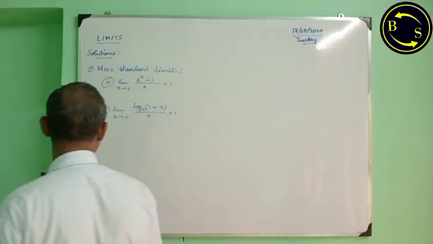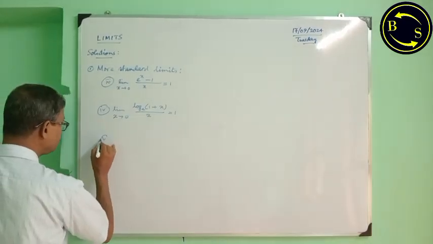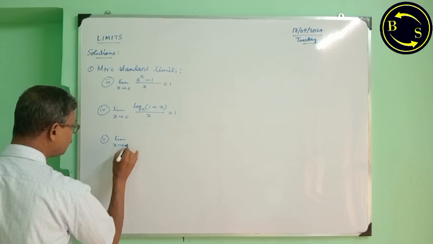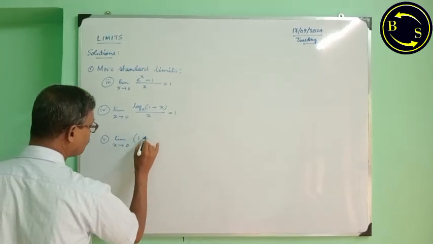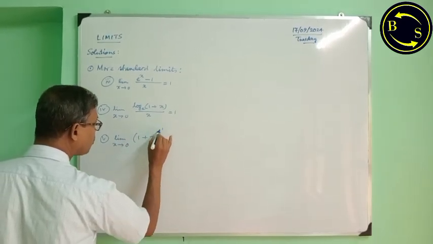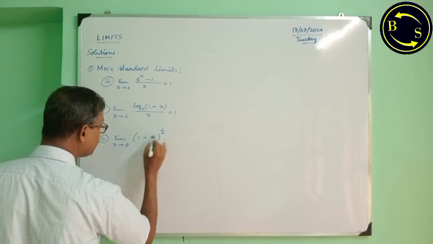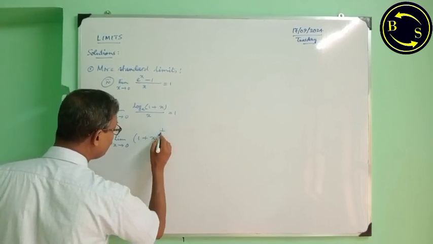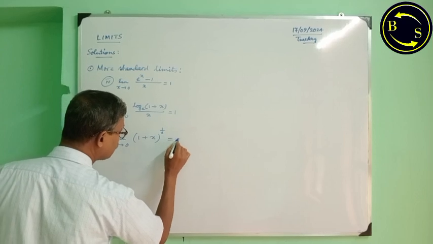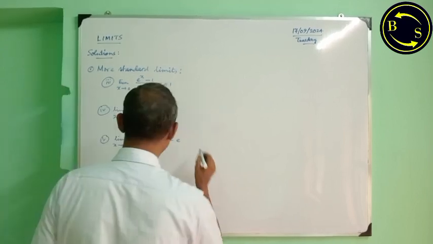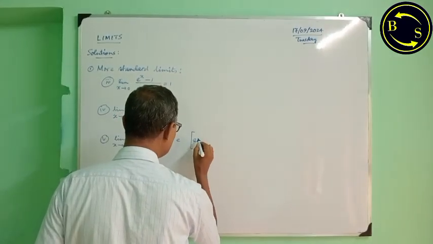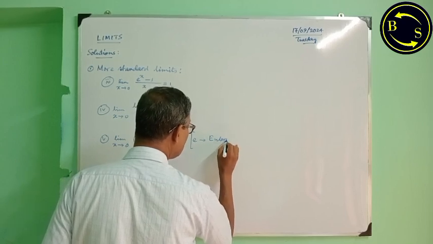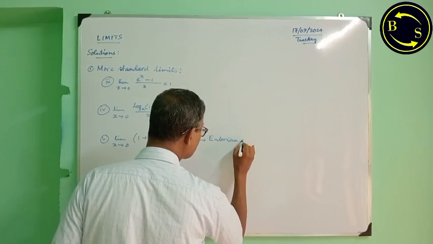Next we have limit x tends to 0, 1 plus x whole to the power 1 by x, that is equal to e. e is the Eulerian constant.